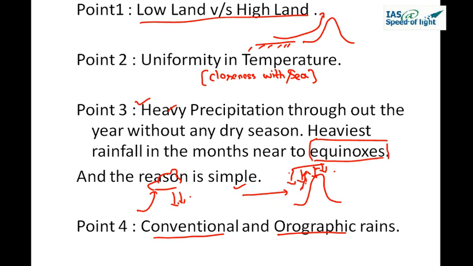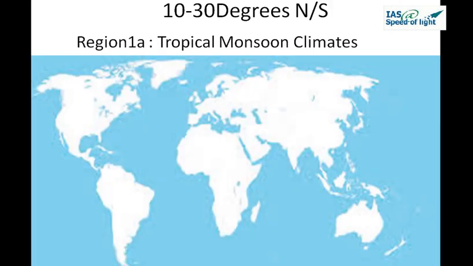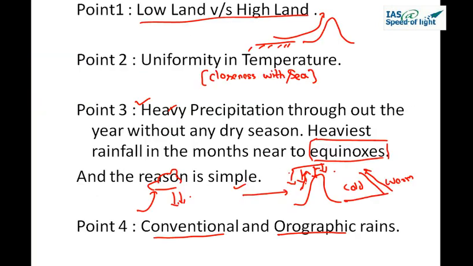And third, what we discussed last time, is the frontal push. Here there is a cold air mass and a warm air mass, and the warm air gets pushed above the cold air mass. This is known as frontal rainfall. So these are the three types of basic precipitation, and very easy to understand as well.